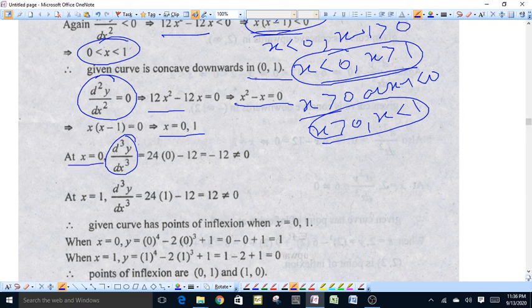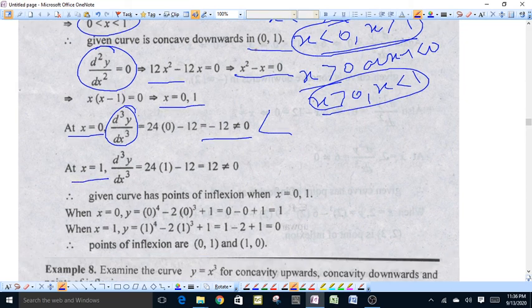When x equal to 0, third order derivative will be equal to minus 12, which is not equal to 0. This means x equal to 0 is a point of inflection, and at x equal to 1, third order derivative is equal to 12, which is also not equal to 0. This means x equal to 0 and x equal to 1 both are points of inflection.